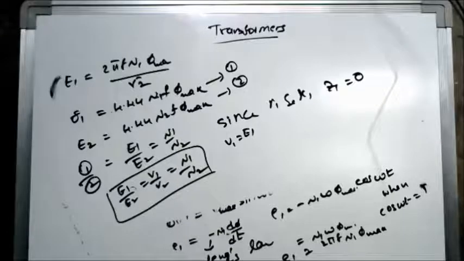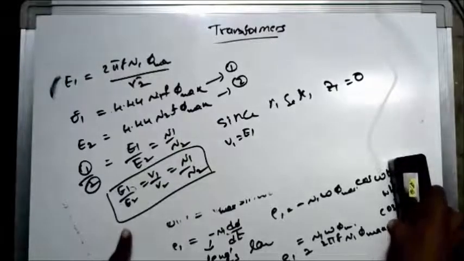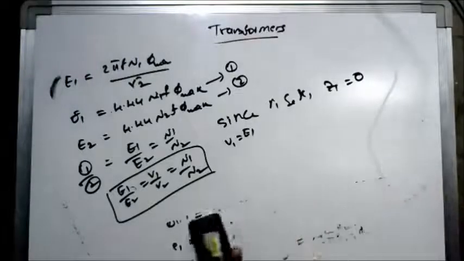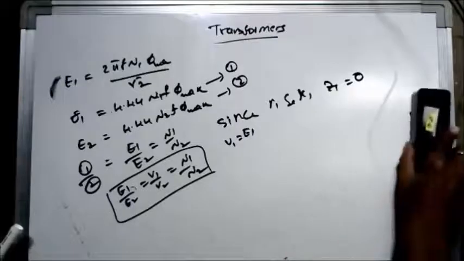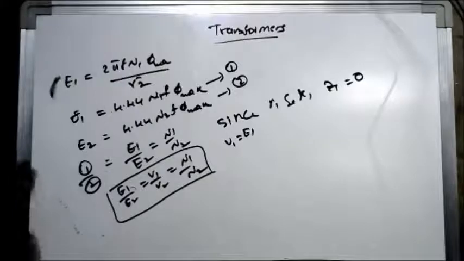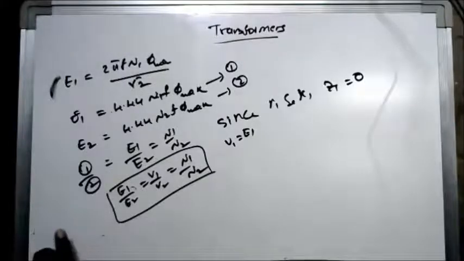Next, it is under no load condition. We will draw the phasor diagram of this figure, and then we will go to the loaded condition. First, what is a phasor diagram? A phasor diagram is a representation of the phasors which are rotating at a synchronous speed.